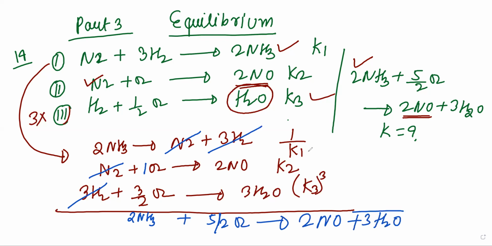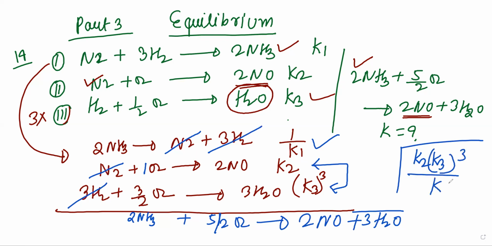So the equilibrium constants will be multiplied. The second and third will be in the numerator, and the first will be in the denominator. So the answer will be K2 K3 raised to 3 divided by K1. So this is your answer. Please write the explanation also.